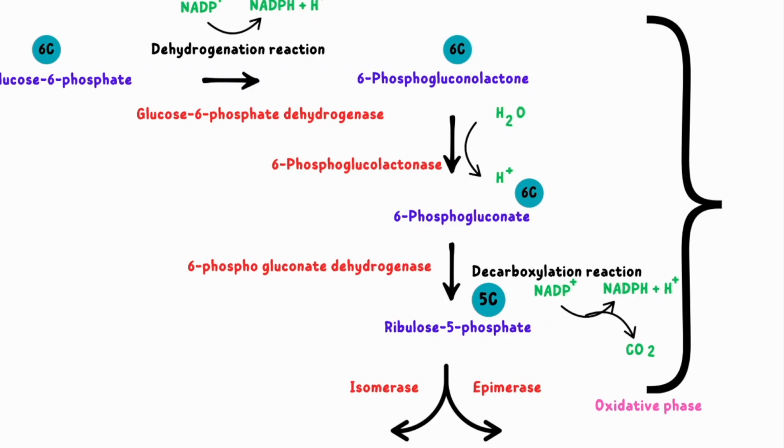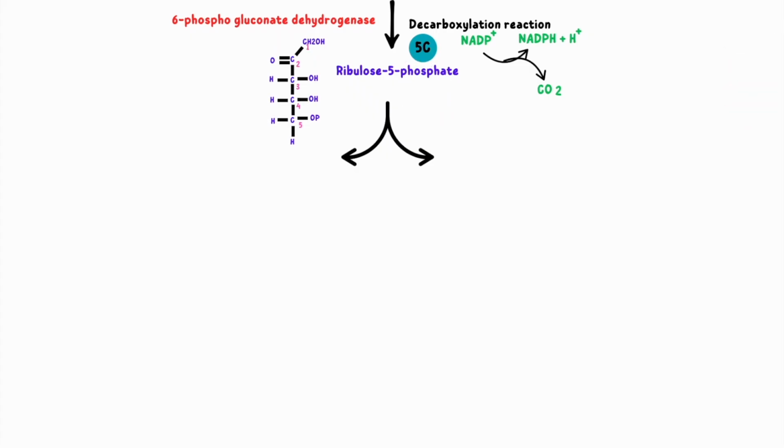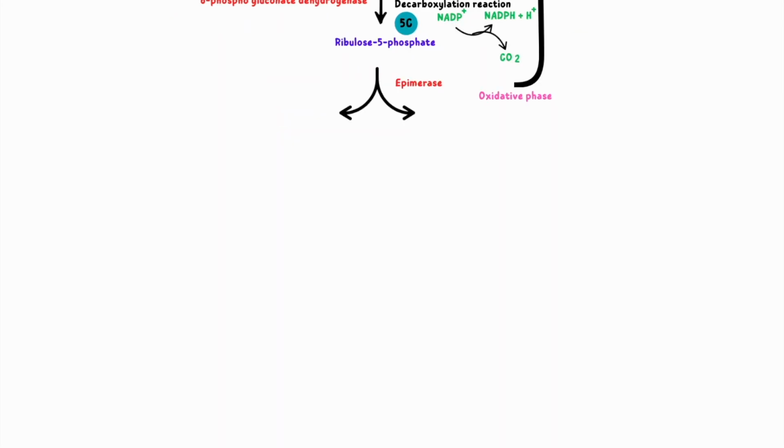Then the next phase, that is the non-oxidative phase, will start. Here the sugar phosphates interconvert into each other and the intermediates can also re-enter into glycolysis whenever needed. After the decarboxylation step, ribulose 5-phosphate is either used for nucleotide synthesis or it can enter into the non-oxidative reversible phase.